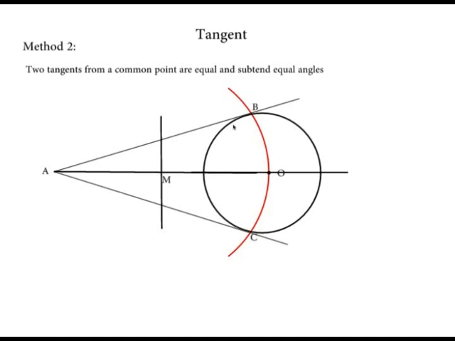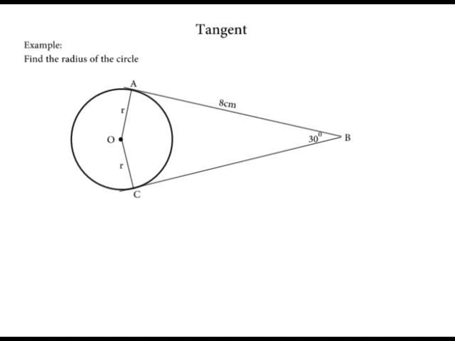Let's take an example. Find the radius of the circle in this figure. In our solution, if we drew a line OB, it will bisect the angle at B, and therefore, angle ABO is equal to a half of angle 30, and that is 15 degrees. We also know that the angle at A is 90 degrees.